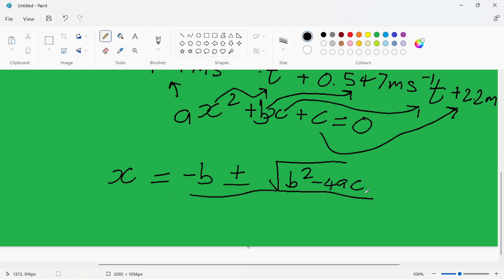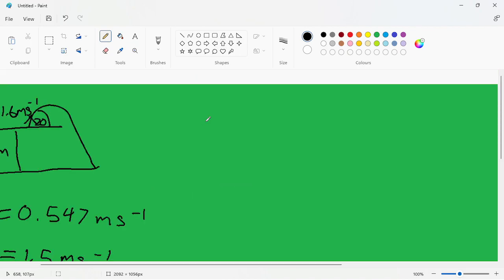all divided by 2a. So all that's left to do is plug in the variables for the quadratic formula and solve for time.